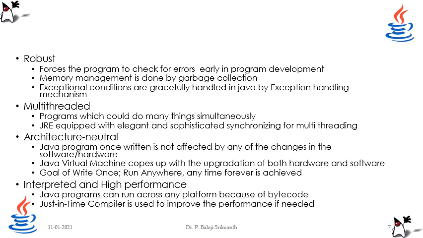And to provide high performance, the bytecodes are compiled by a just-in-time compiler to the underlying hardware or operating system to improve the performance. Even though the programs are interpreted, in the absence of a just-in-time compiler, the interpreted programs are executed without sacrificing the performance of Java programs. That is the feature of Java.